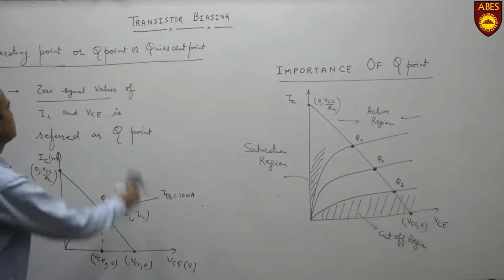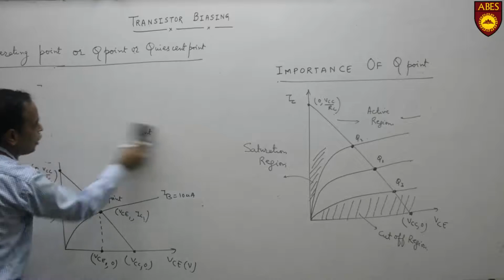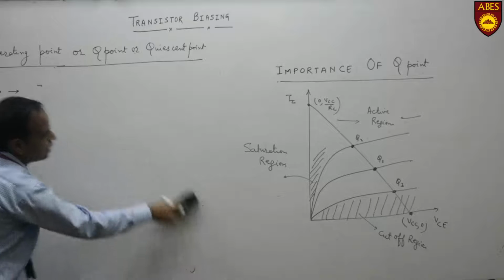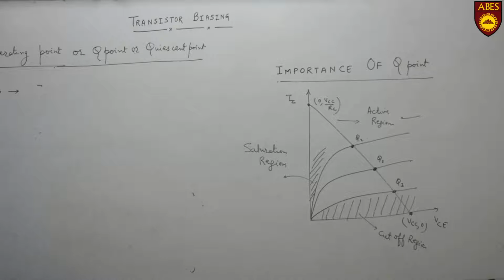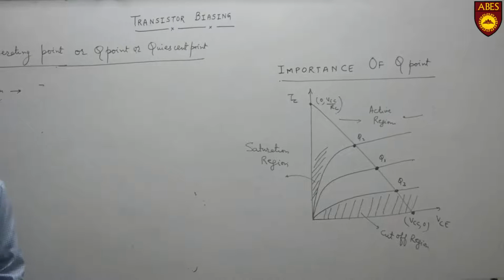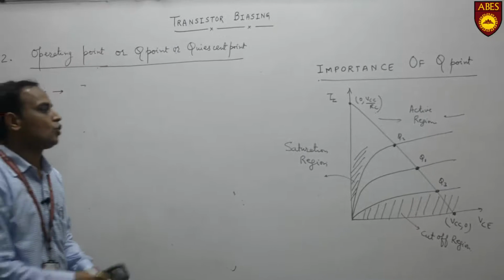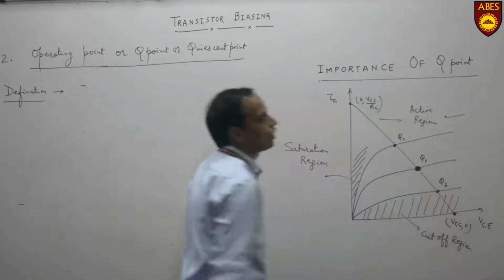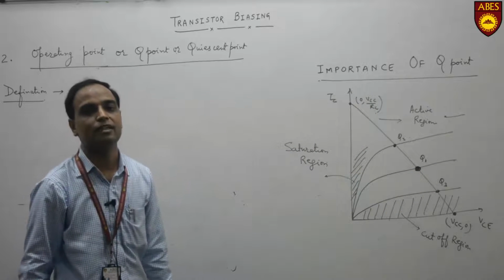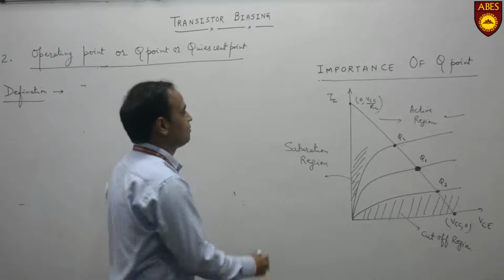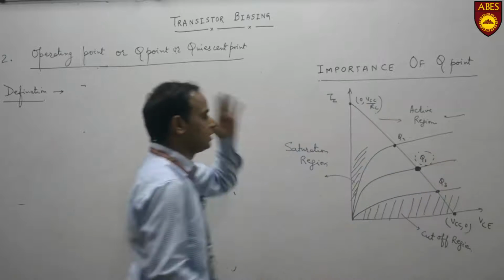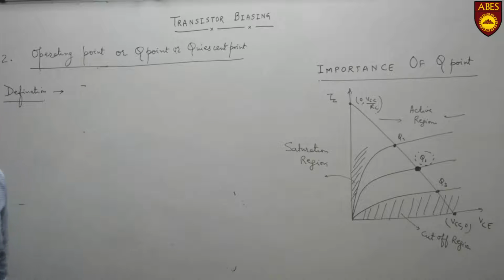We should all understand that if we want the amplification to be very faithful, the weak signals to be amplified properly, then we should always remember that the ideal location of the operating point is in the middle of the active region. That means Q1, a point in the middle of the active region, is the ideal location for selecting the operating point.